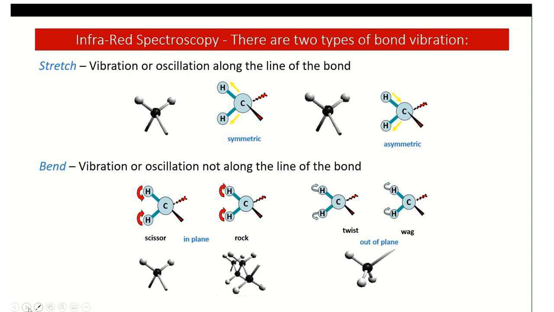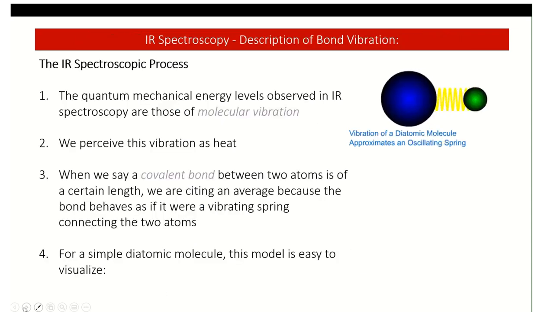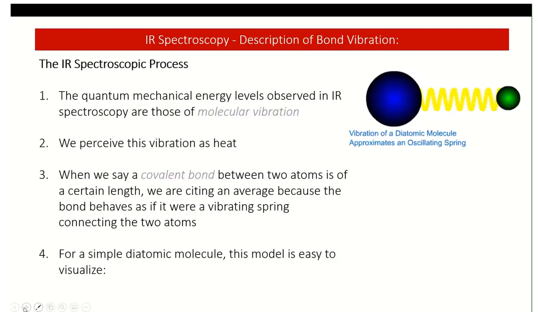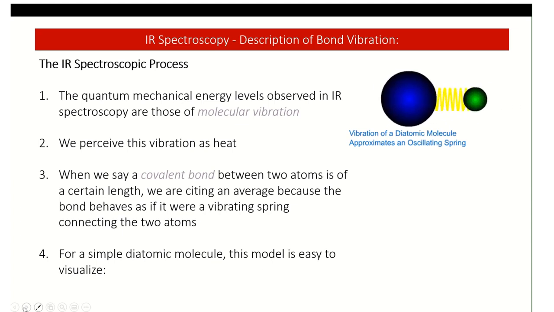Fortunately for us, a lot of the energies that we absorb for these type of vibrations are equal, or in the same region, and so we do not have to elucidate too many lines. Why? We take a quantum mechanical approach to this work, and we look at the bond.